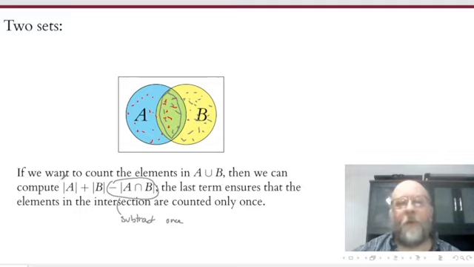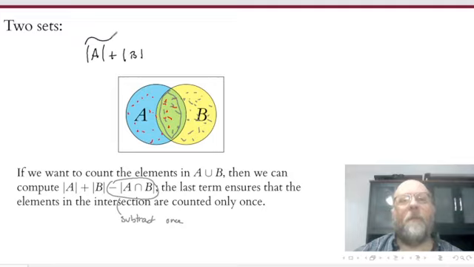And this formula here gives us an idea for how to count the two sets. We count the sets one at a time. And then we take the sets two at a time.